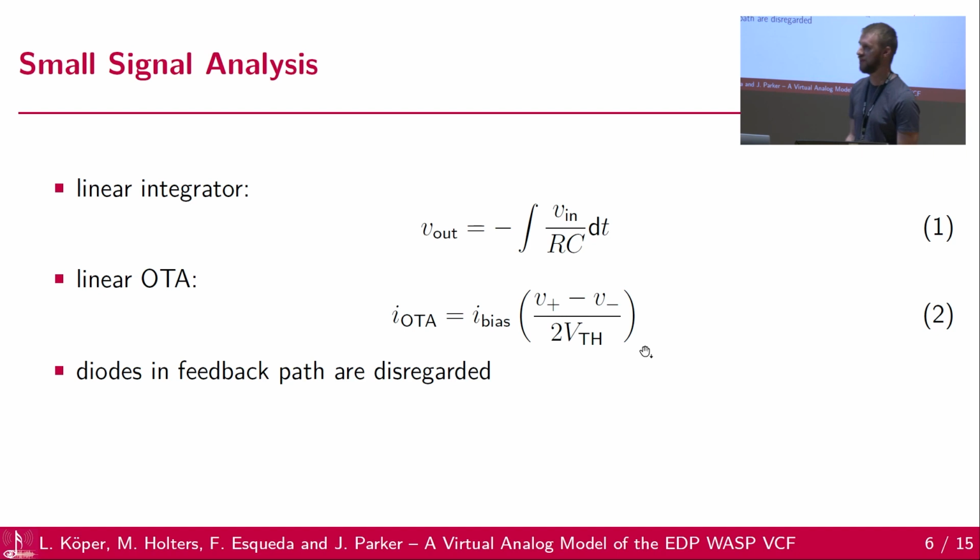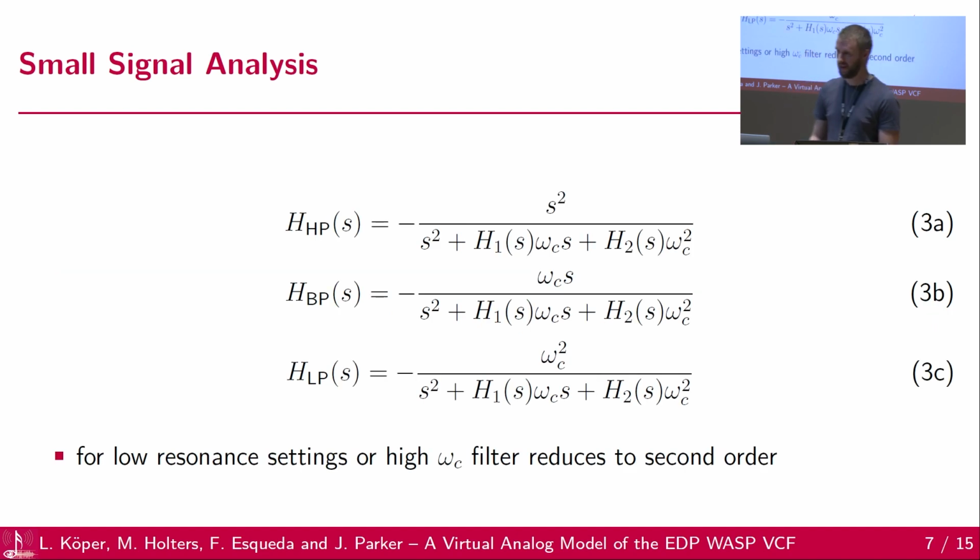And in the small signal analysis, we just say, okay, the diodes are of no interest because we have just such small voltages. And first finding, I will give no derivation for this here because it would take too long. But you can see with these 3 transfer functions the behavior of this state variable filter.